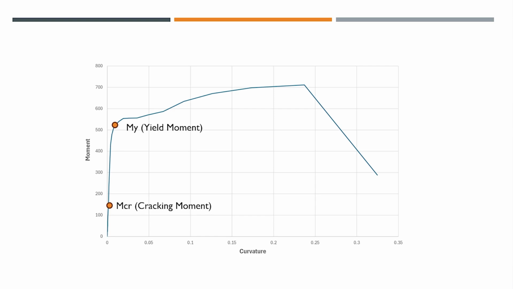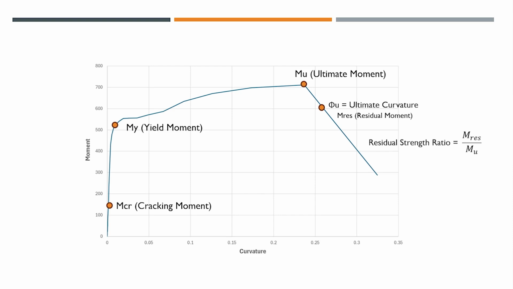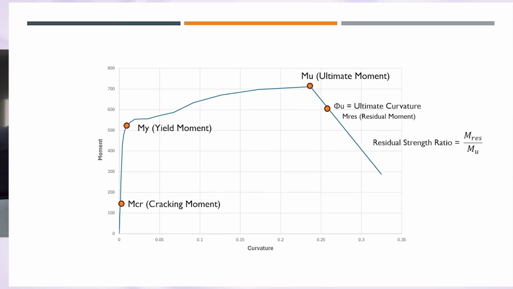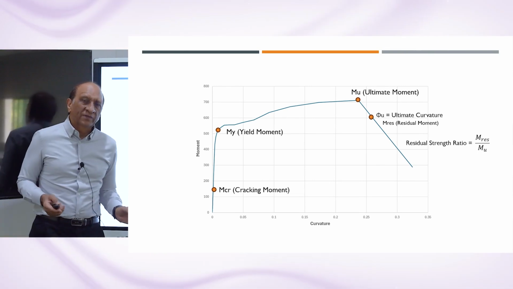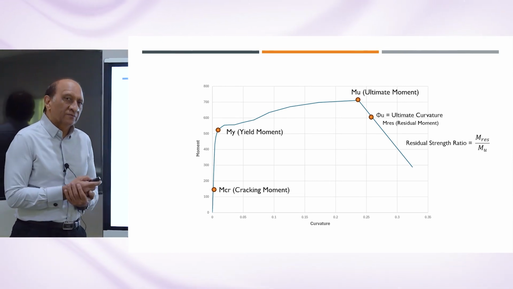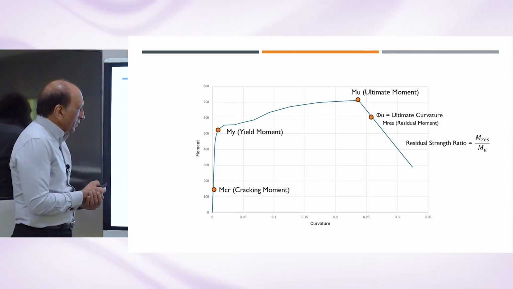And then we can determine the ultimate moment, Mu, and then you can get the ultimate curvature, which is the residual moment, which we can define at a certain level, 80%, 75%, whatever level of the maximum. And using this, you can get the residual strength ratio. So we already got 1, 2, 3, 4, and 5 items from the curve straight away without doing anything, just by looking at the curve. So that's the first one.